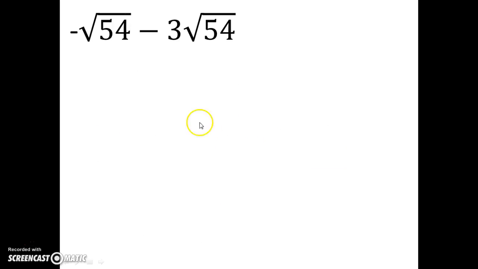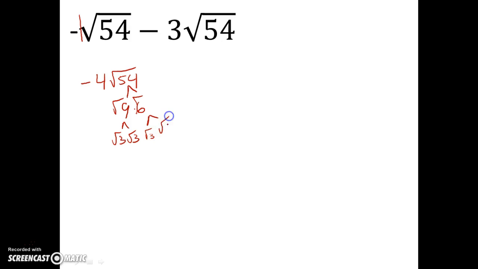Now I'm subtracting. I have negative 1 times root 54 minus 3 root 54, so that becomes negative 4 root 54. And I can factor 54 into 9 times 6, which I can factor again into 3 times 3, and 3 times 2.